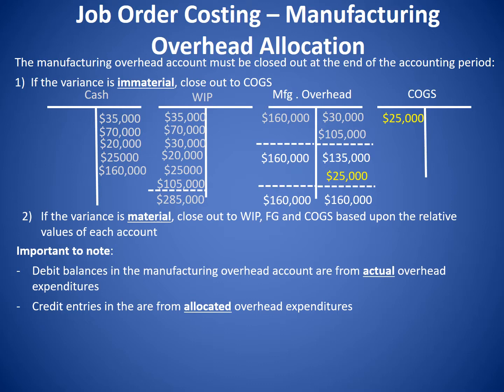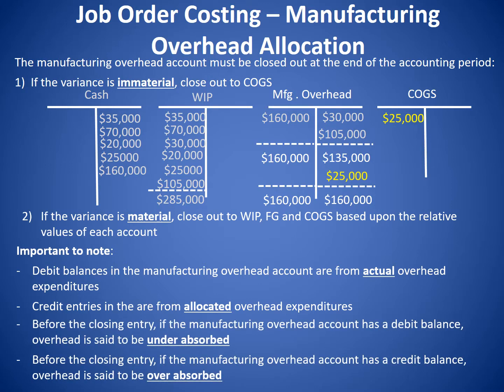Now, it's important to note debit balances in the manufacturing overhead account are from actual overhead expenses, the $160,000 I was talking about. Credit entries in the account are from allocated overhead expenditures, and that was $135,000.